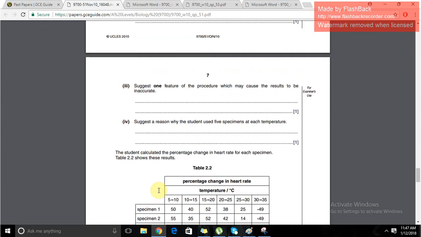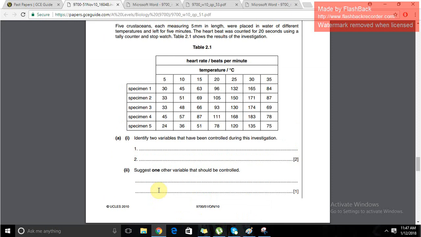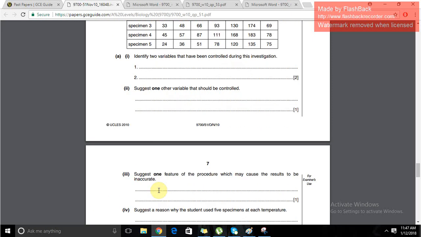Used 5 specimens because there is a chance of natural variation among a species. Different members of the same species might behave differently with the same stimulus.